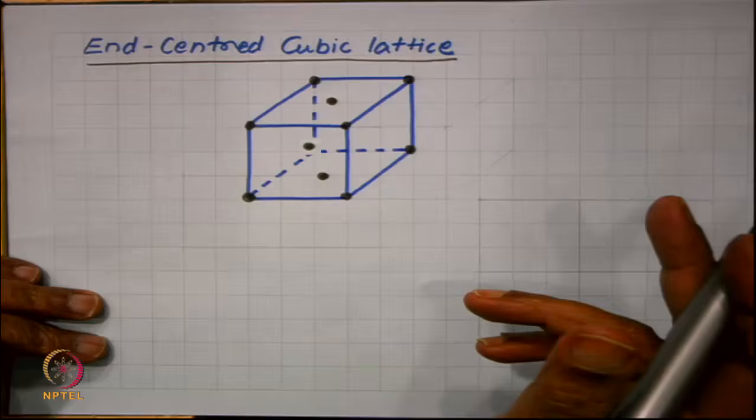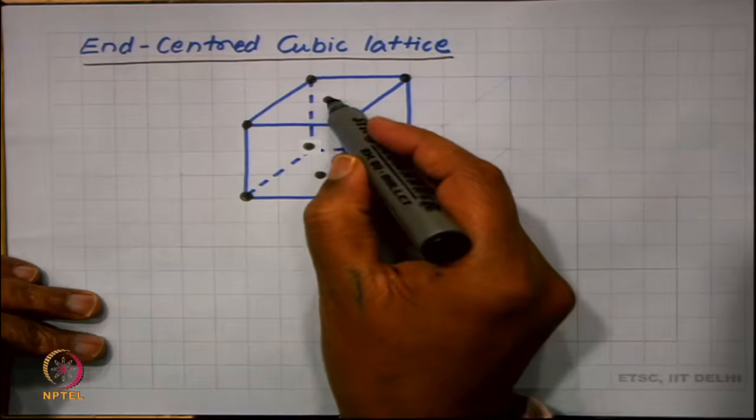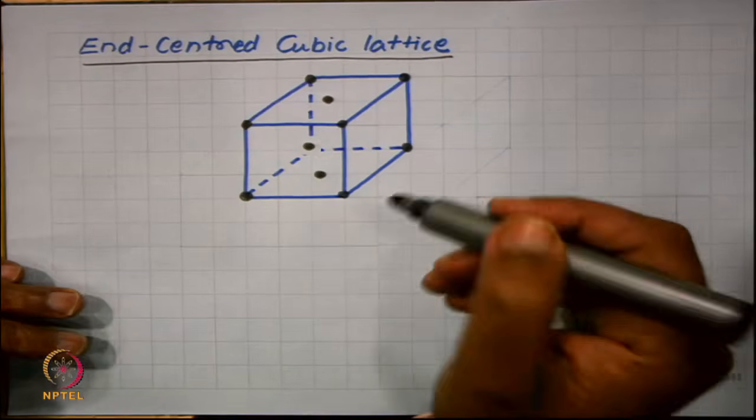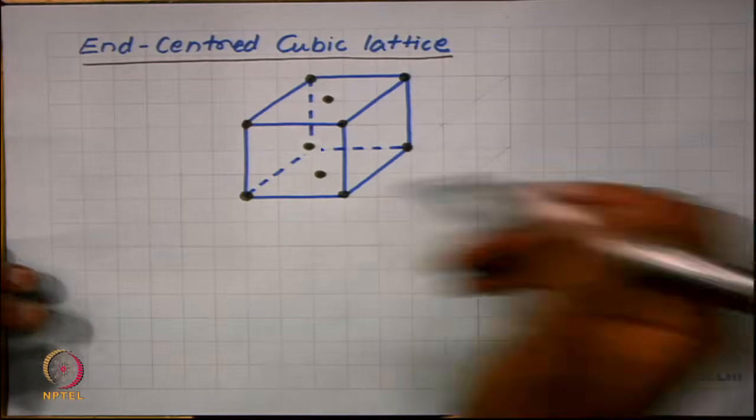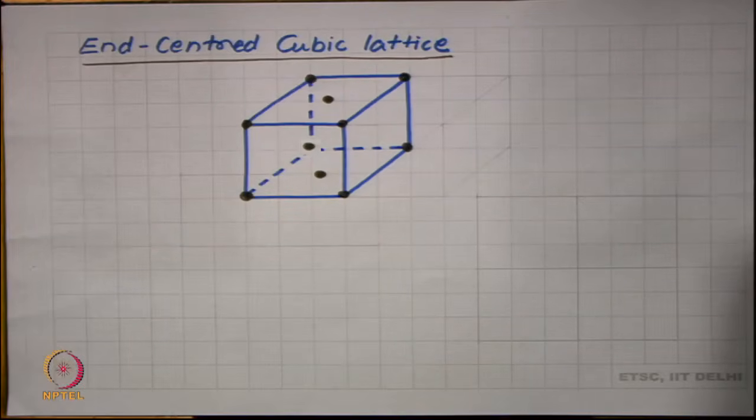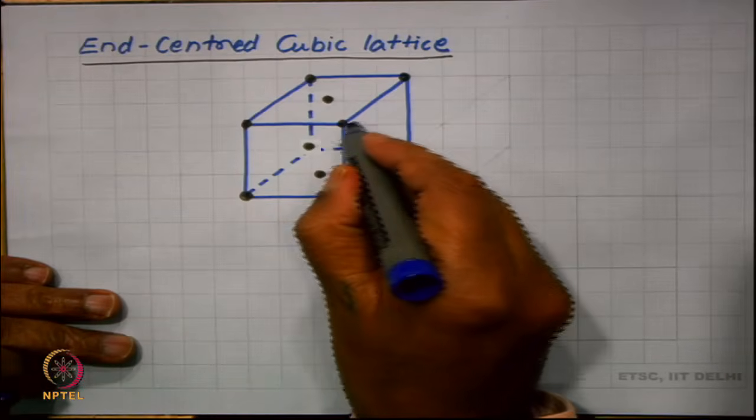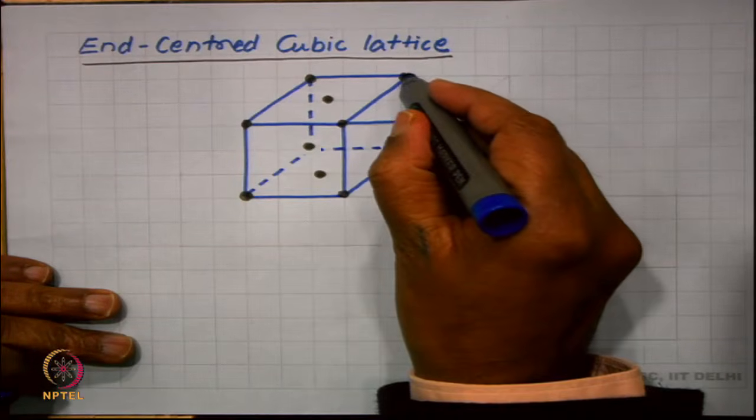Let us explore first whether by adding these additional points we still have a lattice. This question can be better answered if we look at a few more unit cells. So, let me add a few more unit cells.